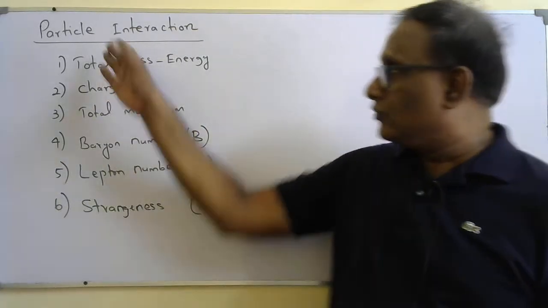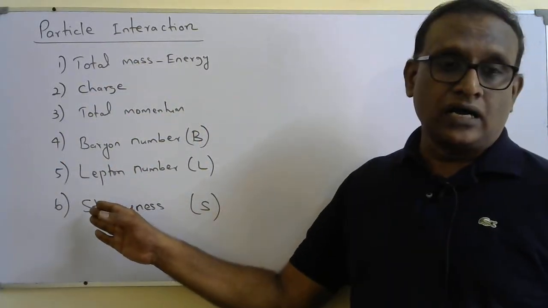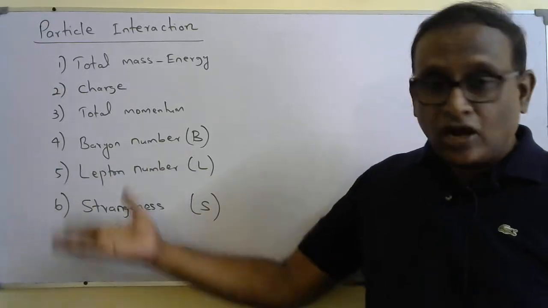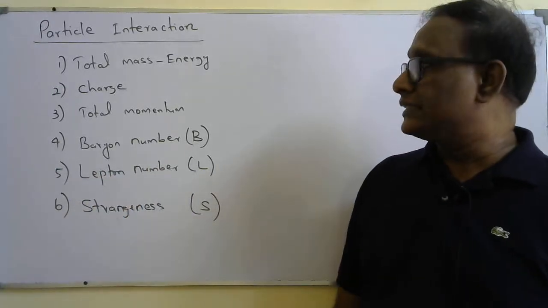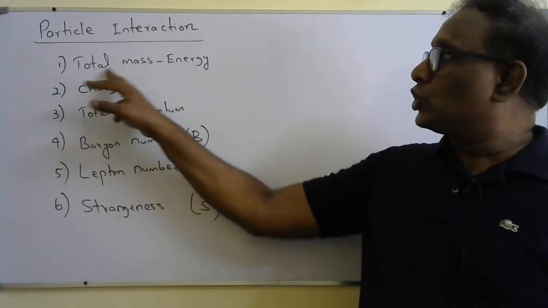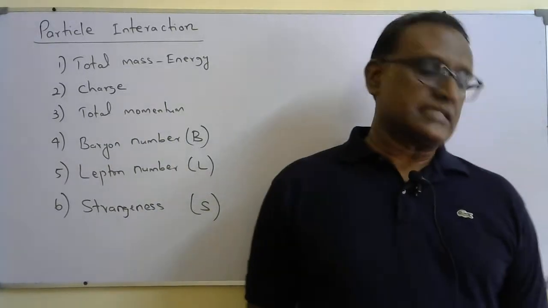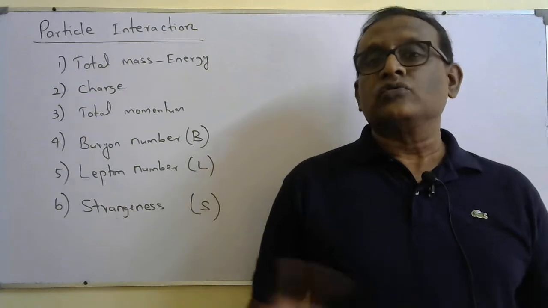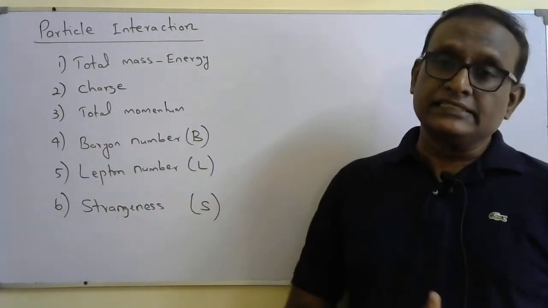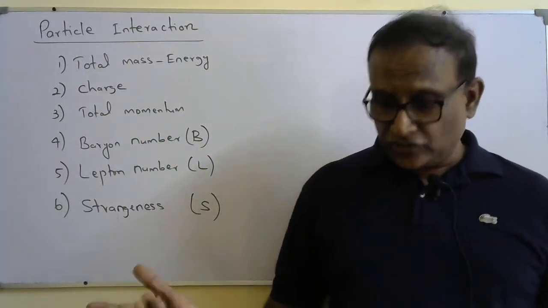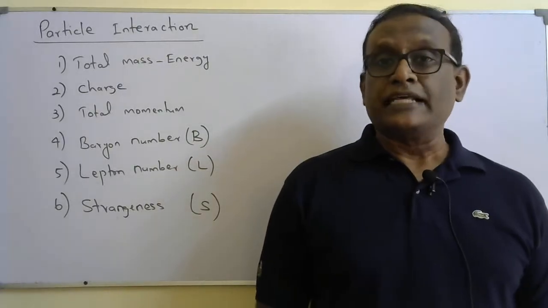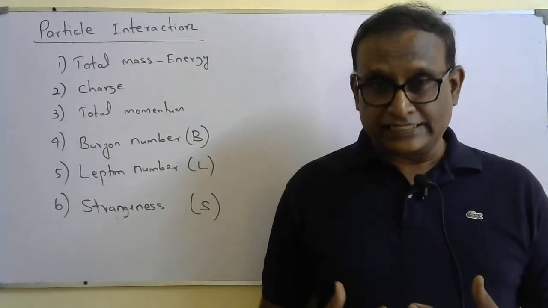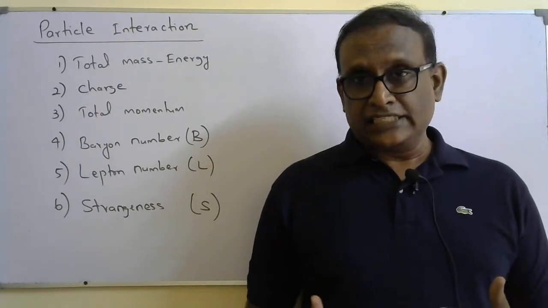One by one we'll consider how they are used in our syllabus. First one is total mass energy. Based on total mass energy, there can be calculations, for example calculations based on particle interactions called annihilation or pair production.